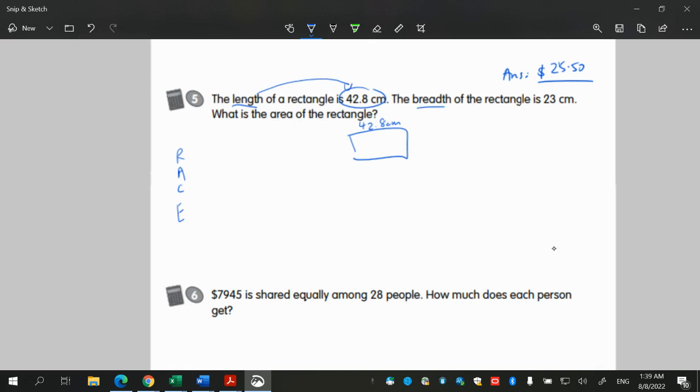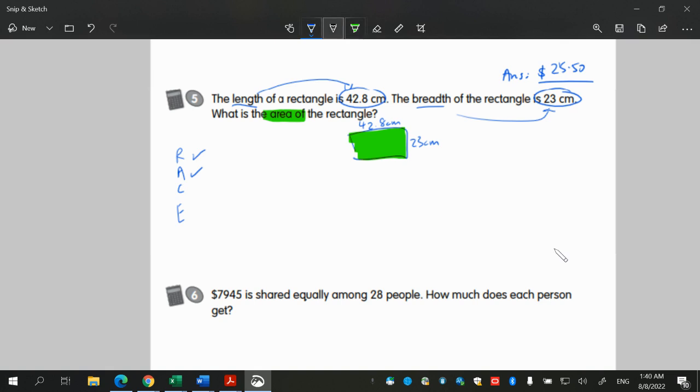The breadth, that means the short side, is 23 centimeters. What is the area of the rectangle? Area means the space that's inside. So I've done my annotation at the same time.